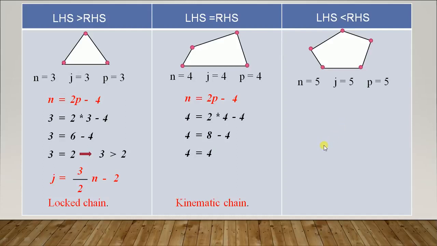Next we consider the same formula, n is equal to 2p minus 4, so 5 is equal to 2 into 5 minus 4, and then finally we write the values in the next step as 5 is equal to 2 into 5, it becomes 10.